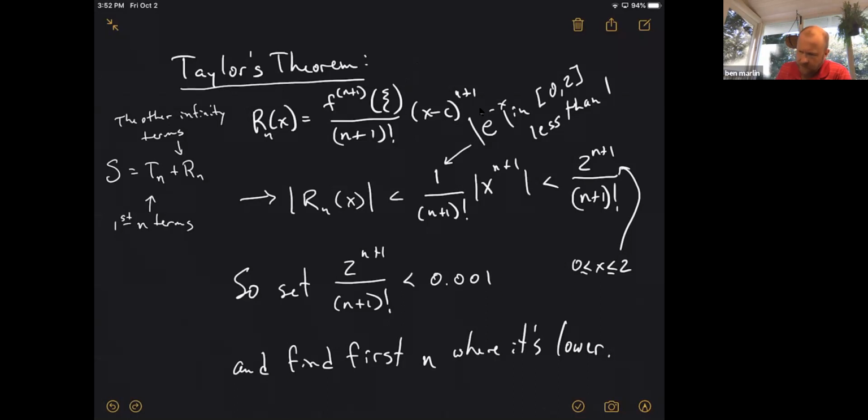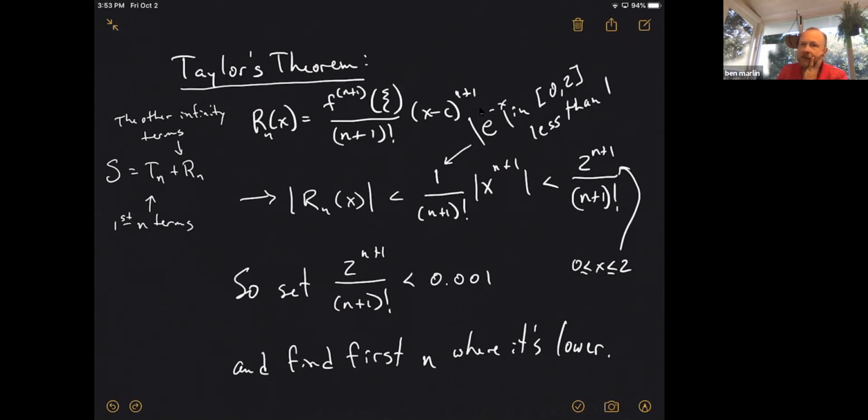So when we're working with this, because we never have a value for the psi there, we just know it's something between x and c. What we end up doing is estimating the function. Now, for our purposes, we've got e to the minus x.